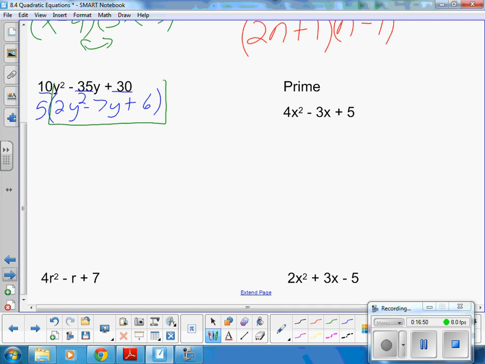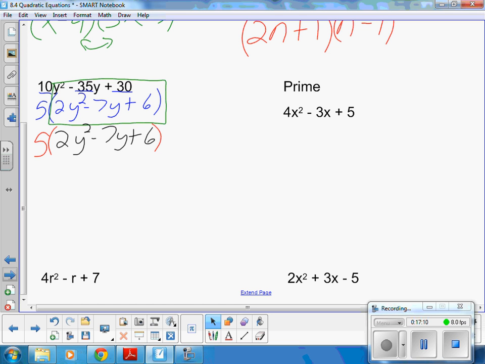The 5 multiplying is going to carry, but I'm just going to look at that part there. So I'm going to have 5 times something here, and that is going to be the 2y squared minus 7y plus 6. So my black part now, I'm going to do it just like the other problems.